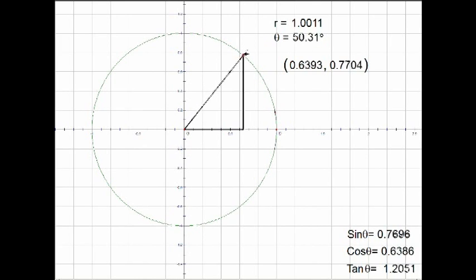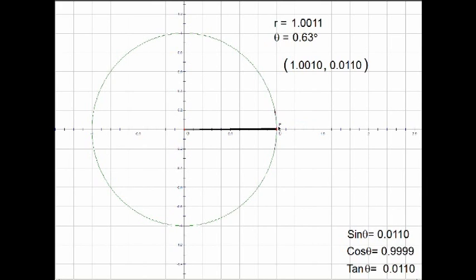As the angle is small, we would say that the cosine of a small angle should be relatively large, because for small angles, the adjacent side and the hypotenuse are about the same size. And at 0 degrees, they are the same size. So the cosine of 0 is 1, and that's right.